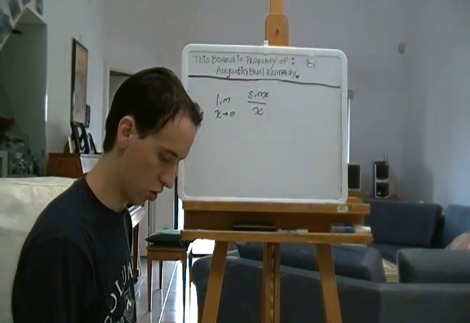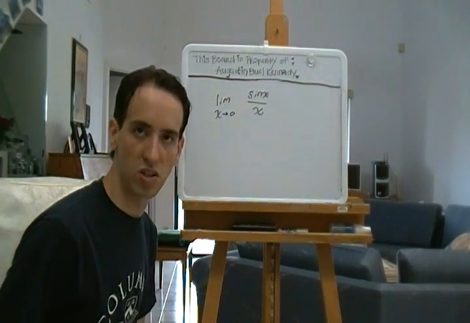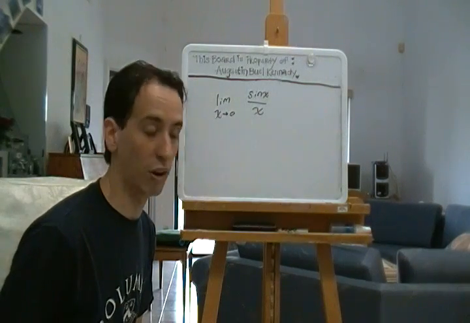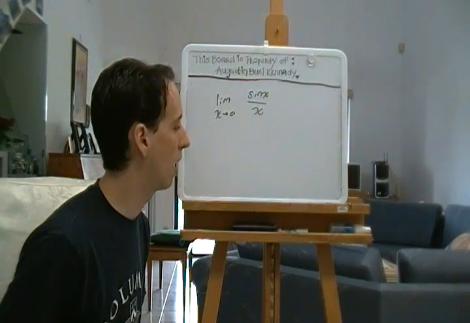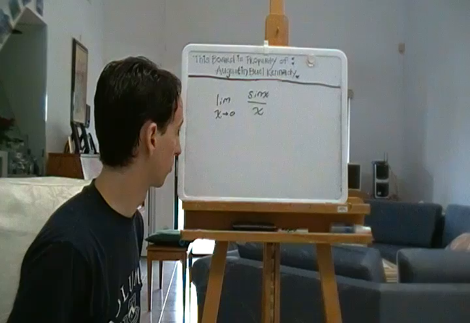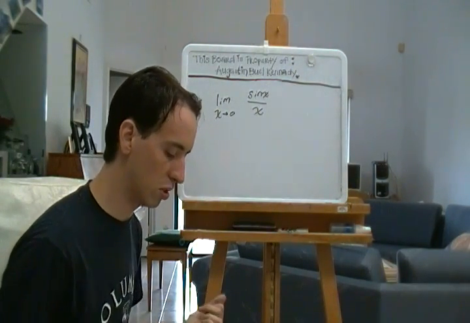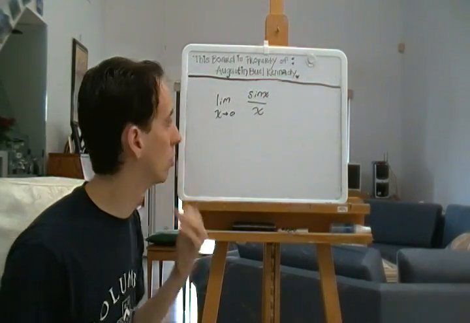Okay? There are a lot of ways that you can do this. As it turns out, there's one very easy way, which we will talk about when we talk about L'Hopital's rule. But for right now, the best way to do this is to just plug in values.